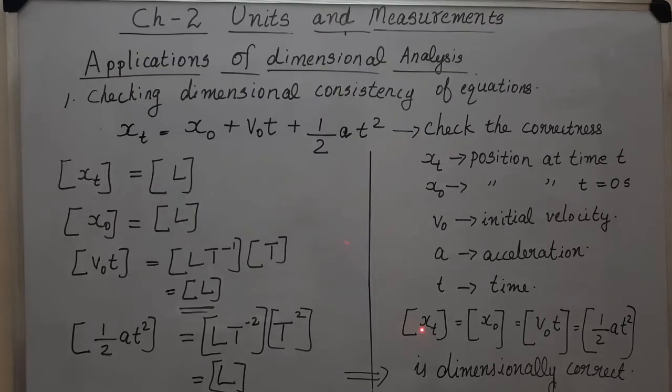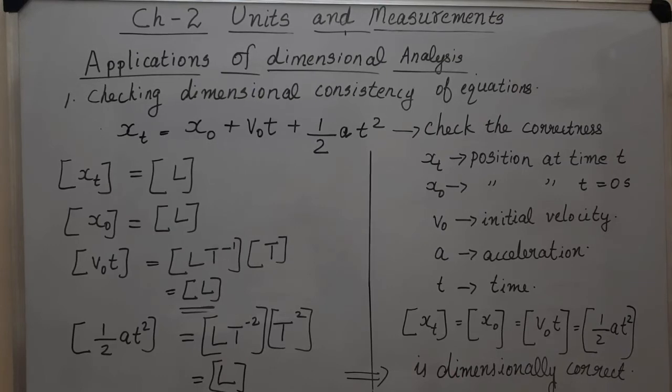Coming to this side, the dimensional expression of xt is equal to that of x0, equal to the dimensional expression of v0t, and equal to the dimensional expression of half a t square. That means all four terms in the equation have the same dimensional expression. So our conclusion is that the given equation is dimensionally correct. Very important, you have to add that word dimensionally, because there is a problem with dimensional analysis.